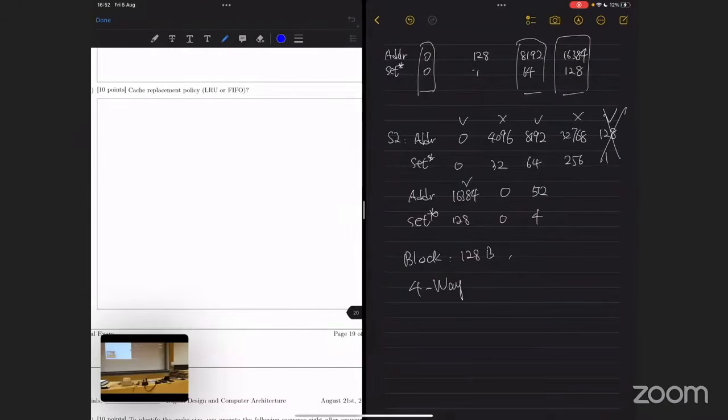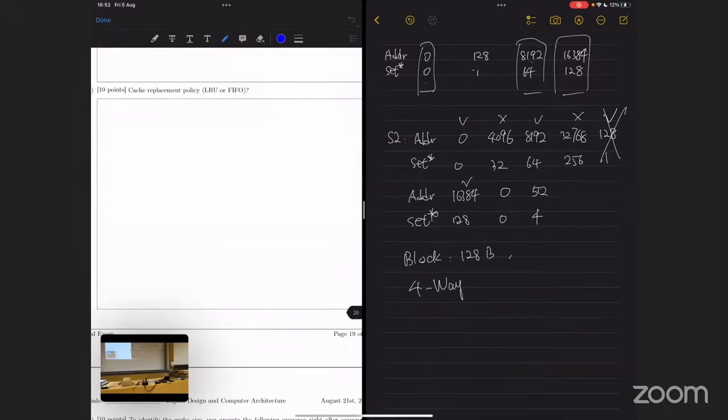Okay, so then let's enumerate for both LRU and first in first out to see which one can generate the desired result that we produce 3 hits in the accesses in sequence 2. So to reiterate, at the beginning of the second sequence, we would have address 0, address 8K, address 16K in the cache for set 0.